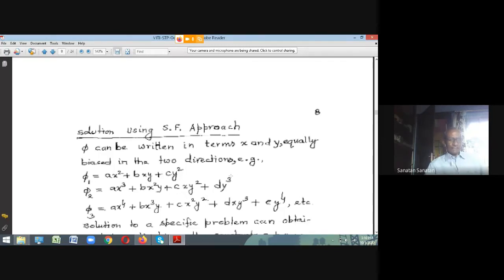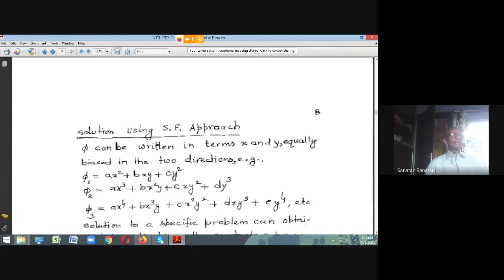So delta 2 phi by delta x square is 2a, which is nothing but sigma y. Similarly, delta 2 phi by delta y square, which is sigma x, is 2c, and minus delta 2 phi by delta x delta y, which is tau xy, is nothing but minus b.